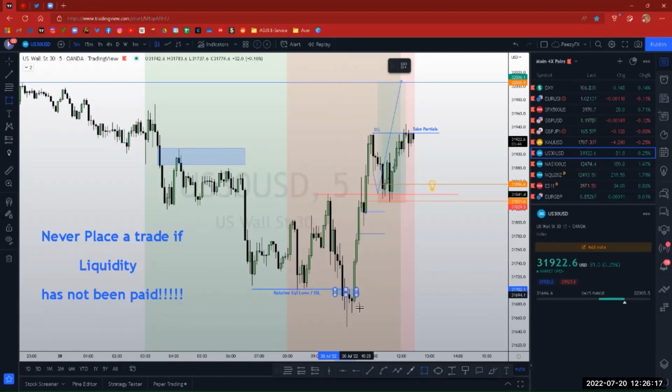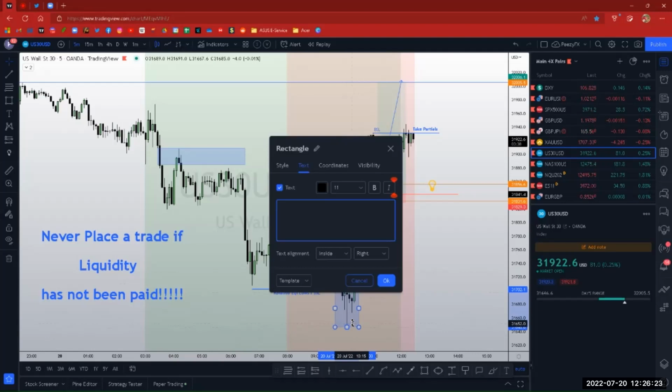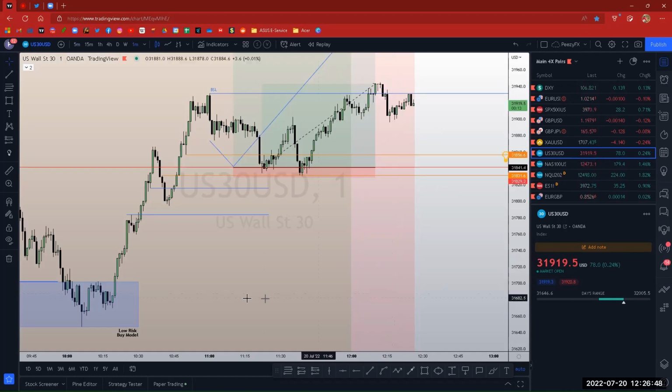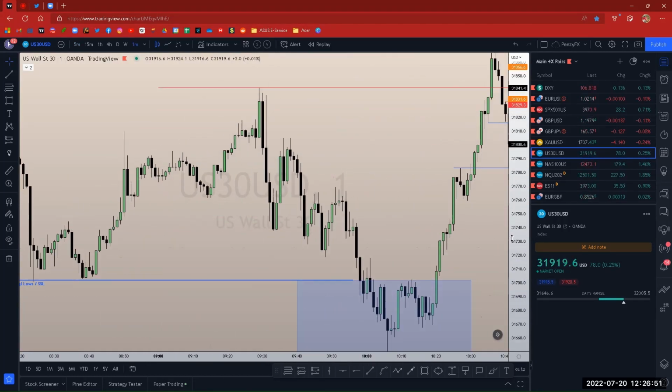And once that liquidity is paid, you enter, what's the name of this? Buy model. So low risk buy model, yo. And being that this is on a 5 minute, y'all know price is fractal, right? Price is fractal. You don't know what that means?